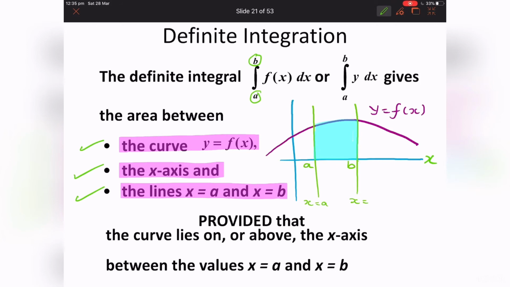This is provided that the curve lies on or above the x-axis, because to find the area, it needs to be positive. If it's under the x-axis, there is another thing we need to do. I will explain that in the next video about finding the area.